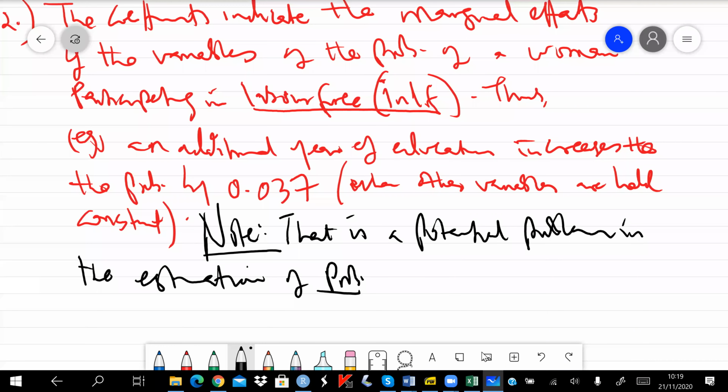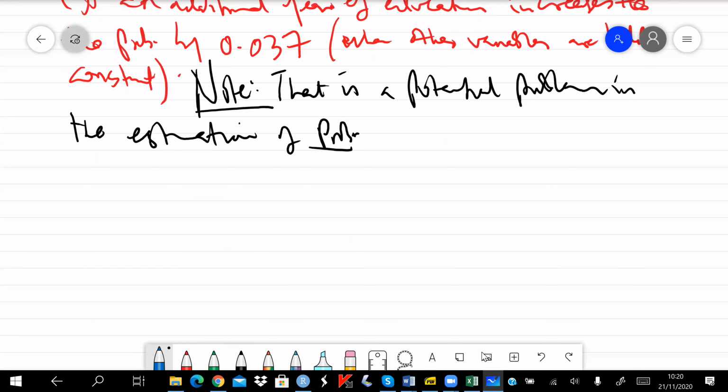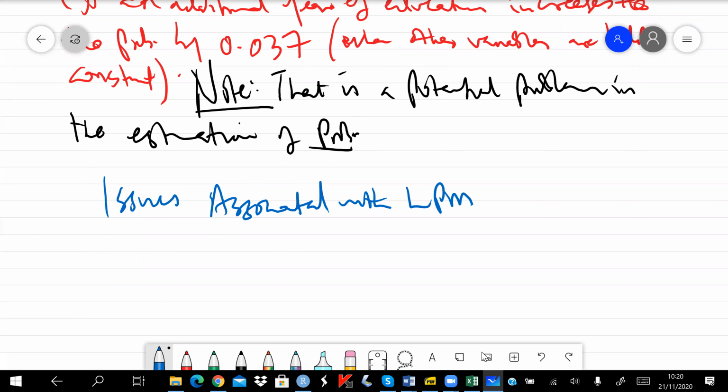So if the cumulative total is more than one, it means that the probability will be more than one, which might not be making a lot of sense. Okay, so I want us to note the issues associated with this kind of modeling, the linear probability model. What are some of the issues that are associated with this kind of model?